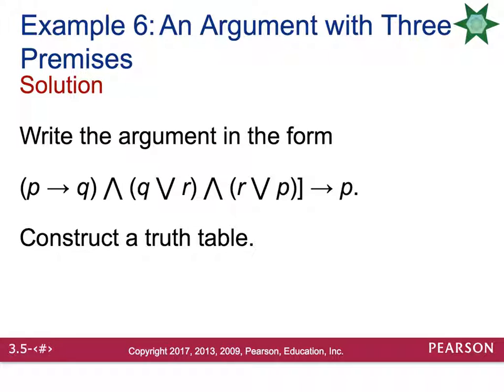Let me write that in general form: if premise 1 and premise 2 and premise 3, then conclusion. Make sure they're all in parentheses because each is one premise. So premise 1 and premise 2 and premise 3, bracket, then conclusion.